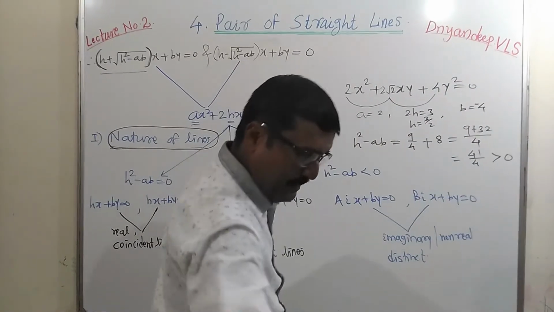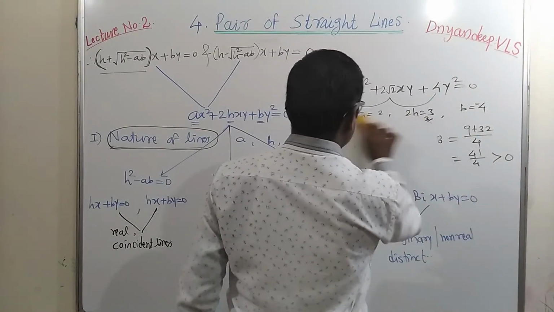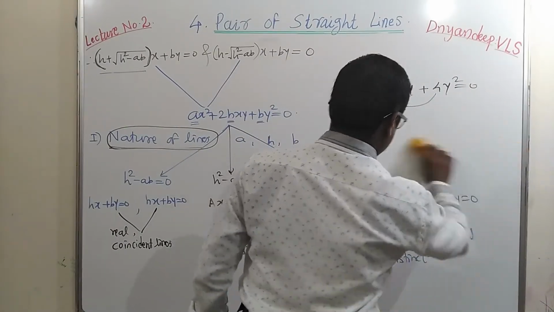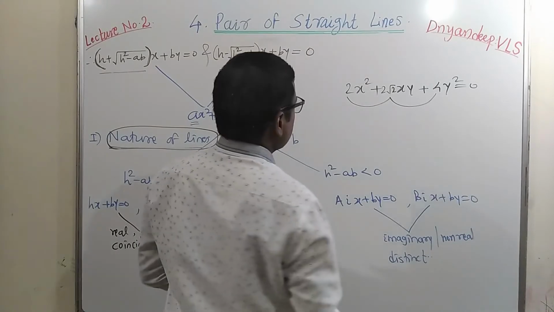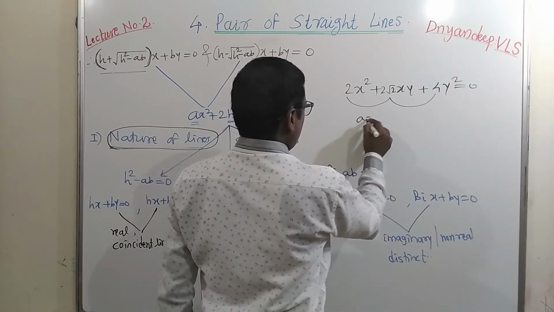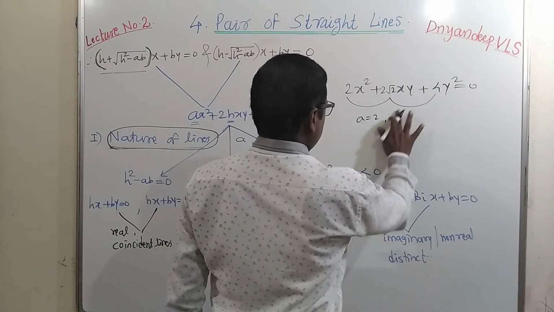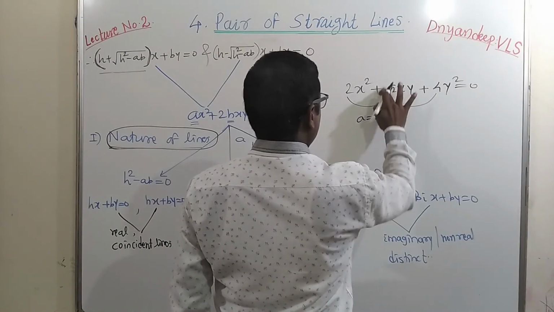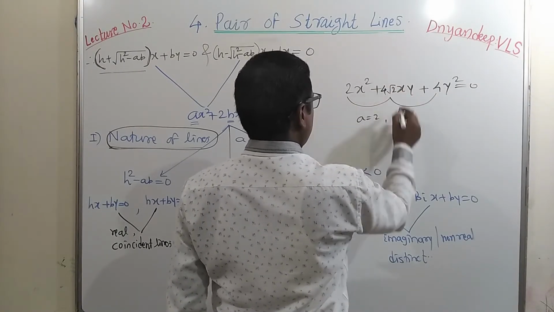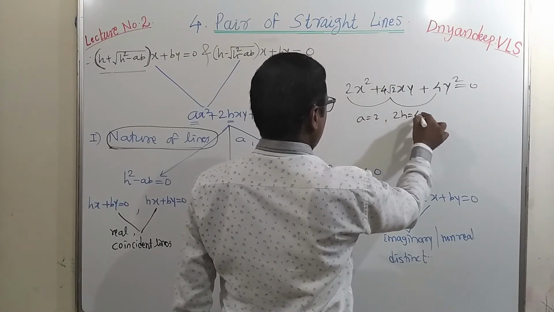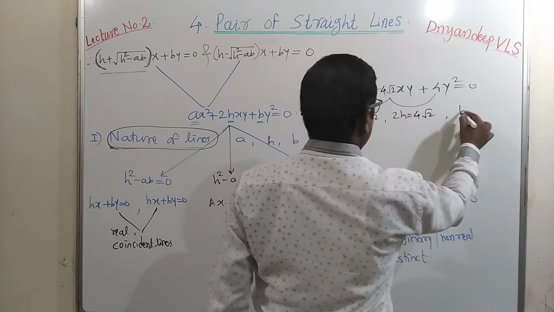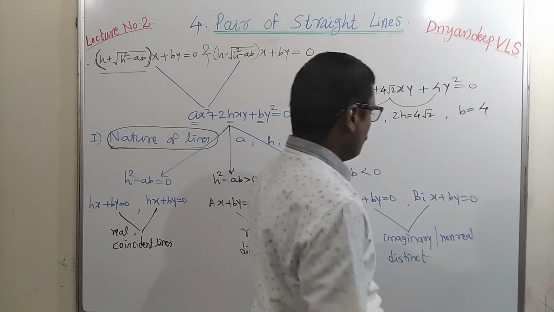Then another example: suppose here is the number 2 root 2 with a plus sign. Let us see what will happen. Here a equal to 2, 2h equal to 4 root 2 and b is equal to 4.